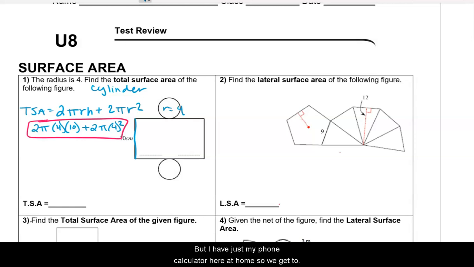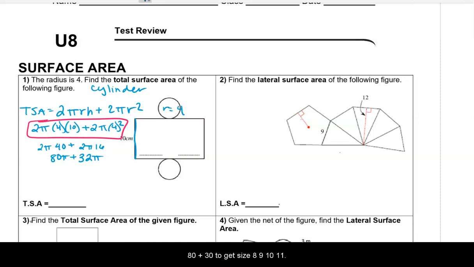But I have just my phone calculator here at home, so we get 2 pi 40 plus 2 pi 16. 2 times 40 is 80, so we have 80 pi plus 16 times 2 is 32 pi. 80 plus 32 gets us 112 pi.